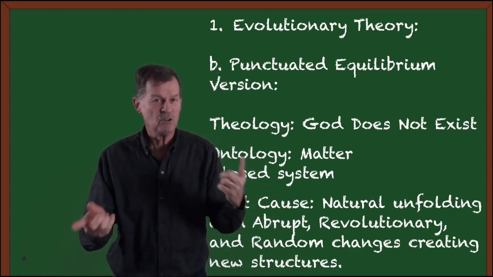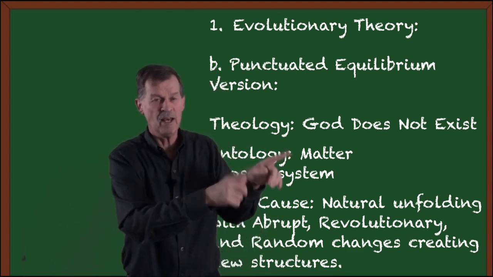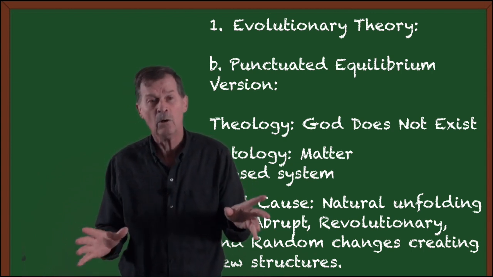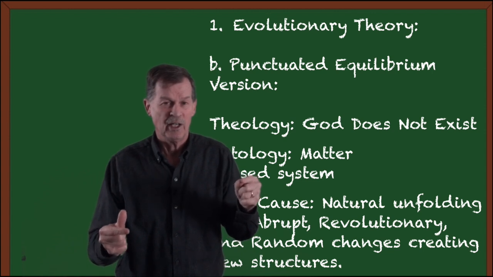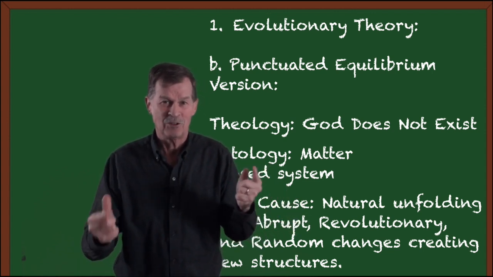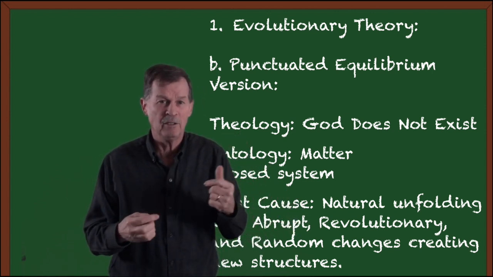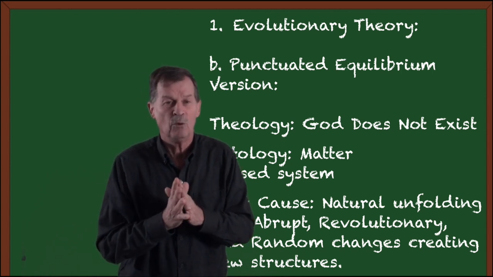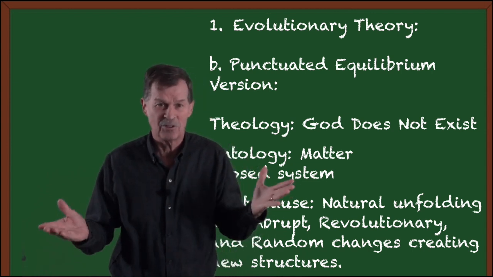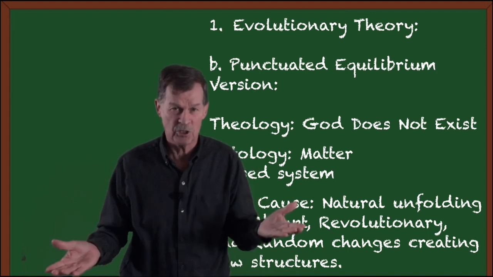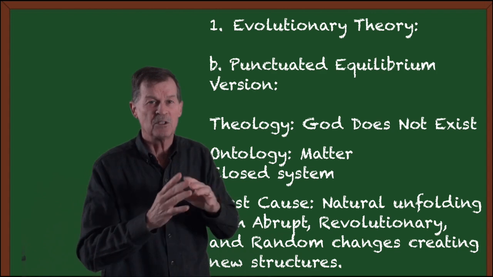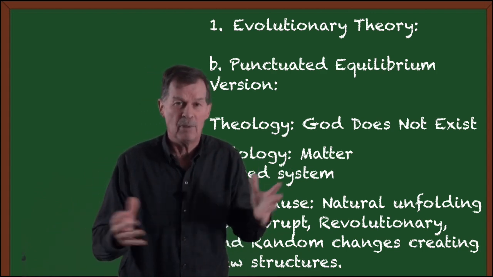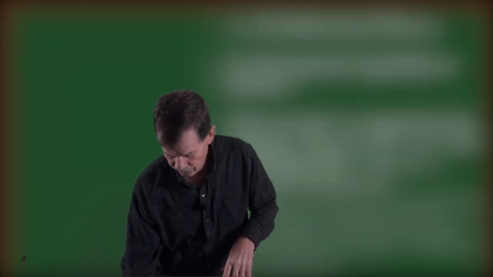Now, are the differences between those two models because of the evidence? No. The differences between those two models are in how the evidence is interpreted. It's kind of going back to Nietzsche, who says there aren't facts, there are only interpretations. These are two different ways of interpreting the same evidence, the same world.